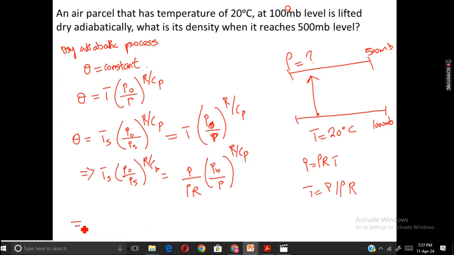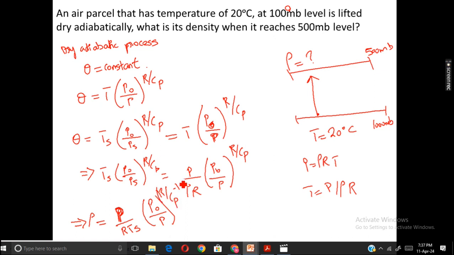Now for rho, the density of the parcel at pressure P, rho will become Ps by R Ts into (P0 by P) raised to R by Cp.